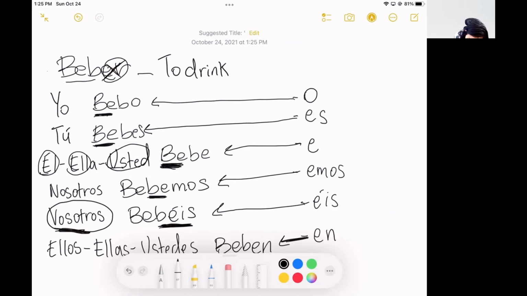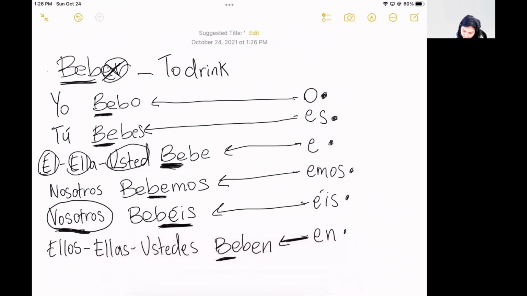We have to keep the root of the verb, and then we have to insert our endings. We have o, es, e, emos, éis, en. Beber. Bebo, bebes, bebe, bebemos, bebéis, beben. Again, repeat after me. Bebo, bebes, bebe, bebemos, bebéis, beben.